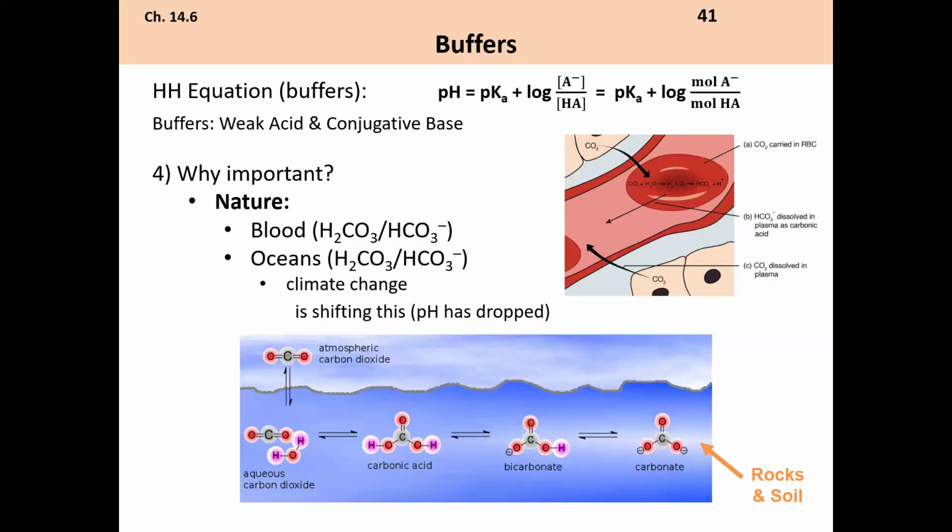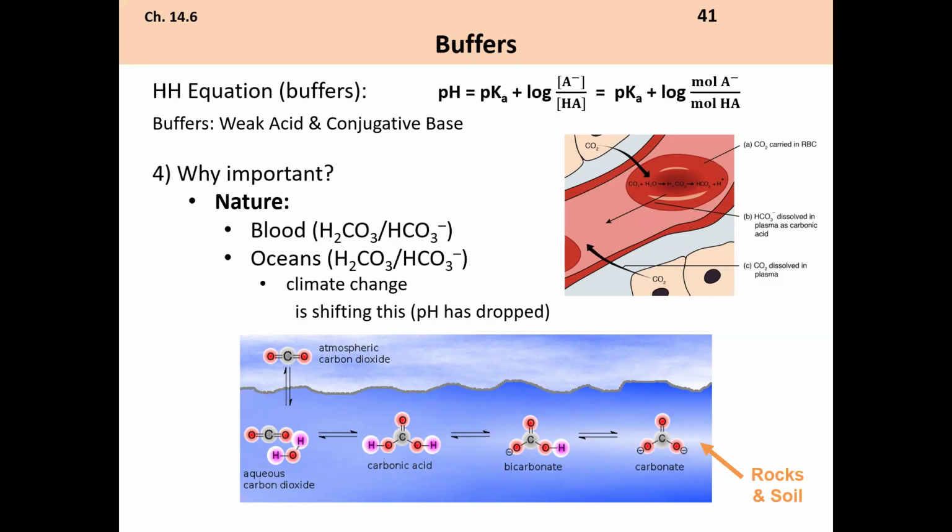Okay, so why are buffers important? We already talked about blood. Our oceans are also a buffer. We have CO2 in the atmosphere that forms H2CO3, and we have rocks and soil that produce CO3 2 minus. So the ocean is a buffer with a fairly similar reaction as in our blood.